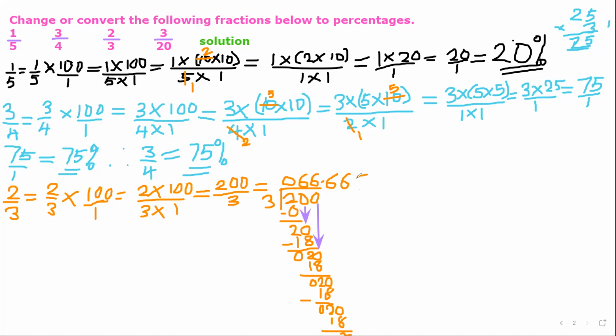Now here, our percentage here is 66.66, so our percentage here is 66.66%.